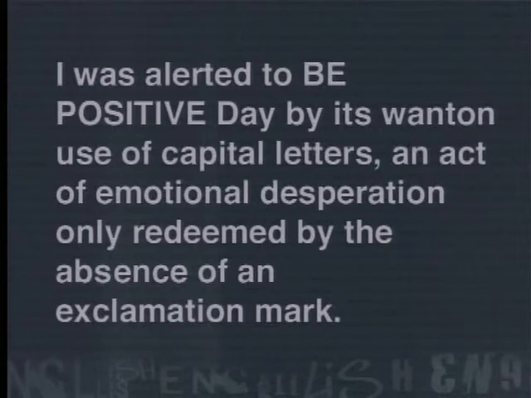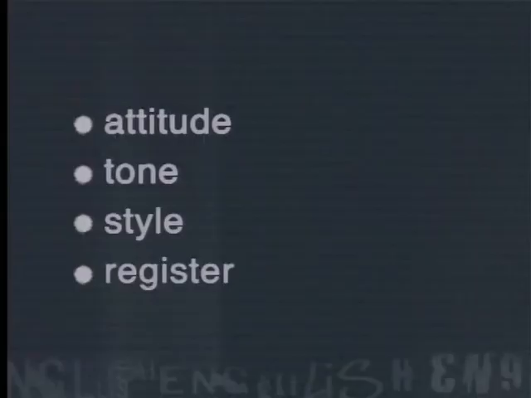"I was alerted to Be Positive Day by its wanton use of capital letters, an act of emotional desperation only redeemed by the absence of an exclamation mark." Analyze the sentence, paying attention to the attitude, tone, style, and register that have been used. You should be able to write at least a sentence on each of those features.